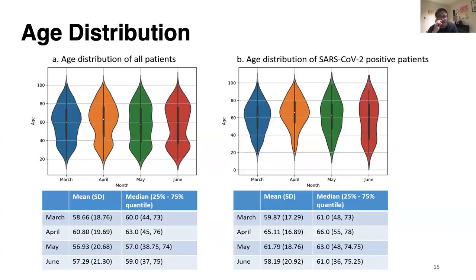Some theories suggest this might be because the age distribution of the patients changes over time. They say that later on, after the peak time, the infected patients are mostly young people, but we don't see such a big trend in our cohort.